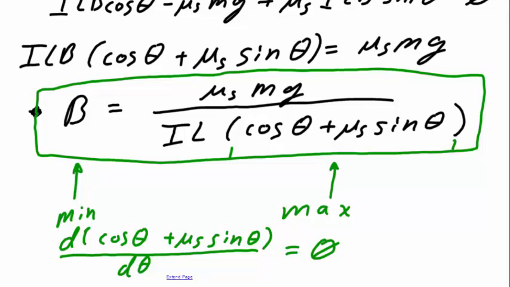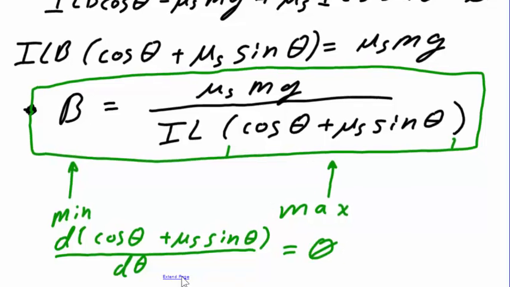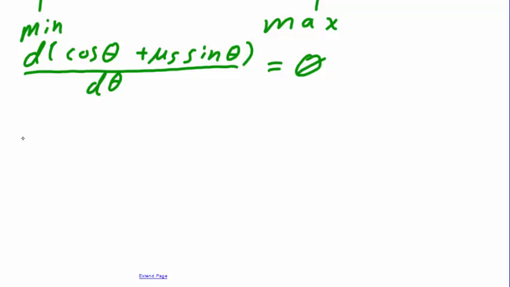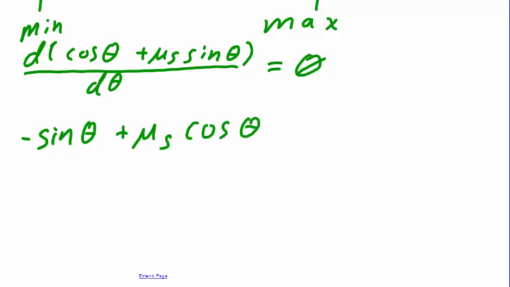Solving this will tell us what value of theta, and then using that theta in the boxed formula will give us our final solution. Let's begin. The derivative of cosine is negative sine, and the derivative of sine is positive cosine. Setting that derivative equal to 0 will tell us the maximum of this quantity and thereby the minimum magnetic field.